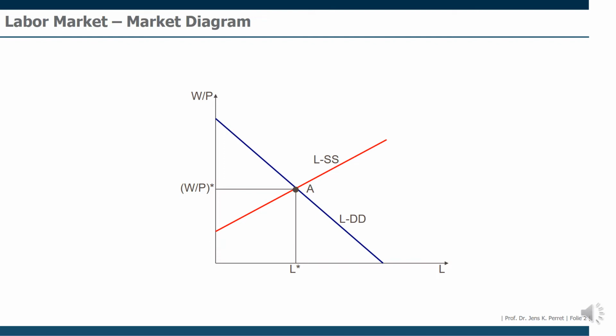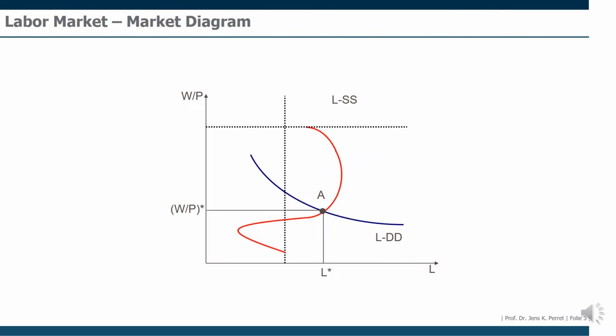However, the reality might look slightly different. That's actually here an alternative, which looks like this. Meaning, first off, with the labor demand, even though there might be very little labor available, we might still need something.